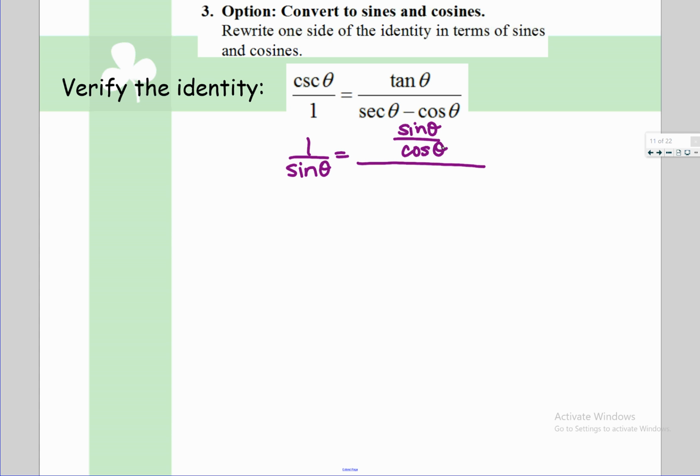What's secant? What's secant equal to? 1 over cosine. And then minus cosine. You can write cosine over 1 if you want. So everything's a fraction there.